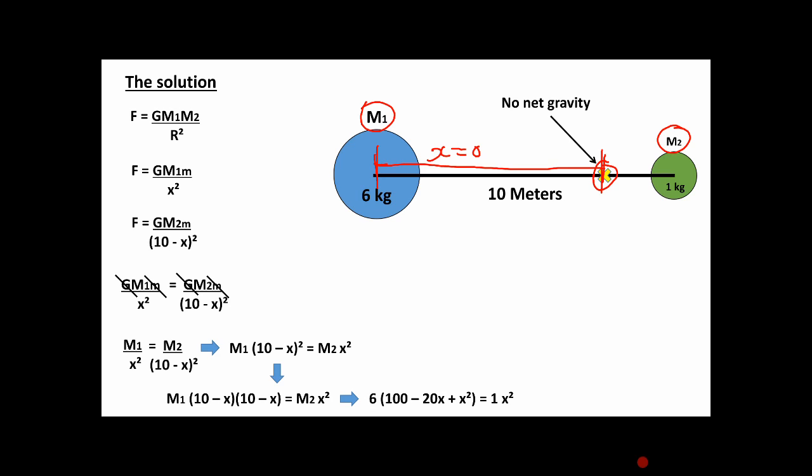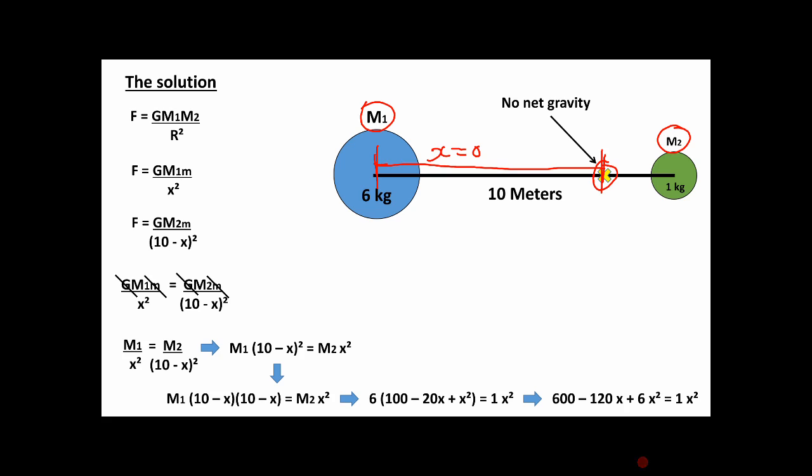Now we put the masses in, so we now have the 6 and the 1. So we end up with 6 times 100 minus 20x plus x squared equals 1 times x squared. We can now times that out, and we get 600 minus 120x plus 6x squared equals 1x squared.